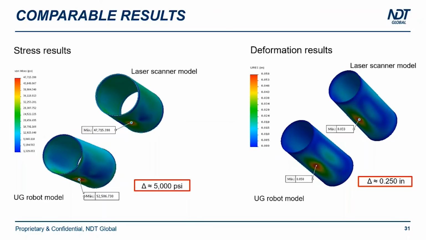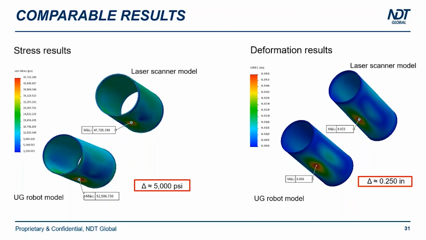In both cases, we are getting pretty similar results. Laser scan is giving us a stress result of 47,715 PSIs, and the UG robot is giving us 52,506. So there's a difference of 5,000 PSIs.